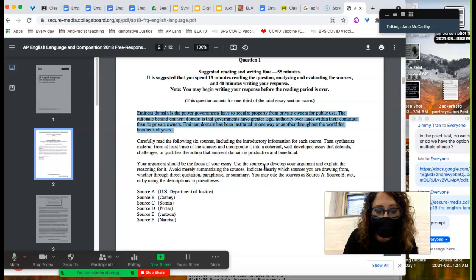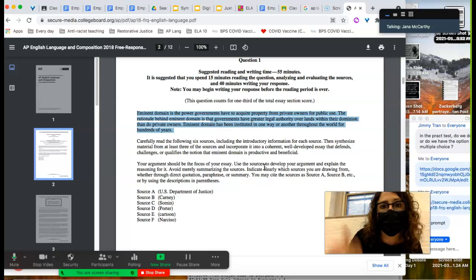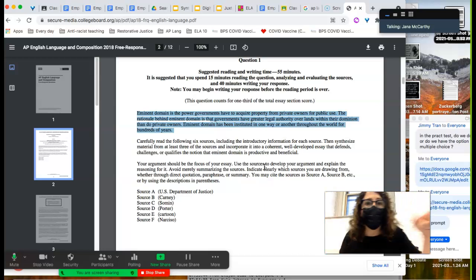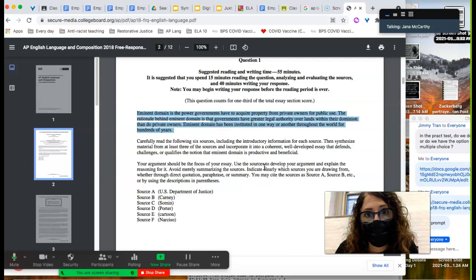In total, you should have 4 to 5 quotes in your entire writing. You should have two sources that are on your side, one source that is a counter argument. Within the 2 sources that are on your side, you should have 2 to 4 quotes, right?